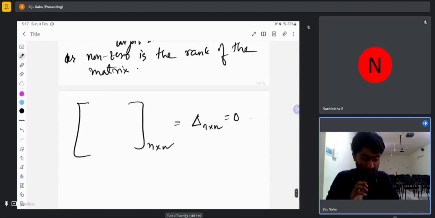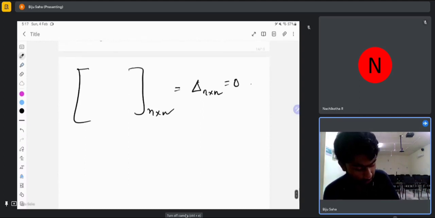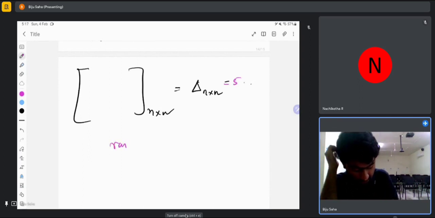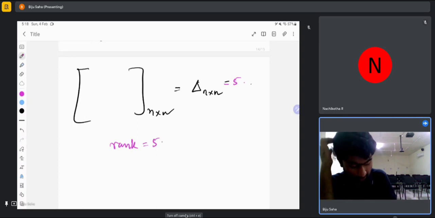You have to look for another submatrix within that matrix that would yield a non-zero determinant. So if this was not equal to 0, let's say if it was equal to 5, then we would have easily concluded that the rank of this matrix is also equal to n.